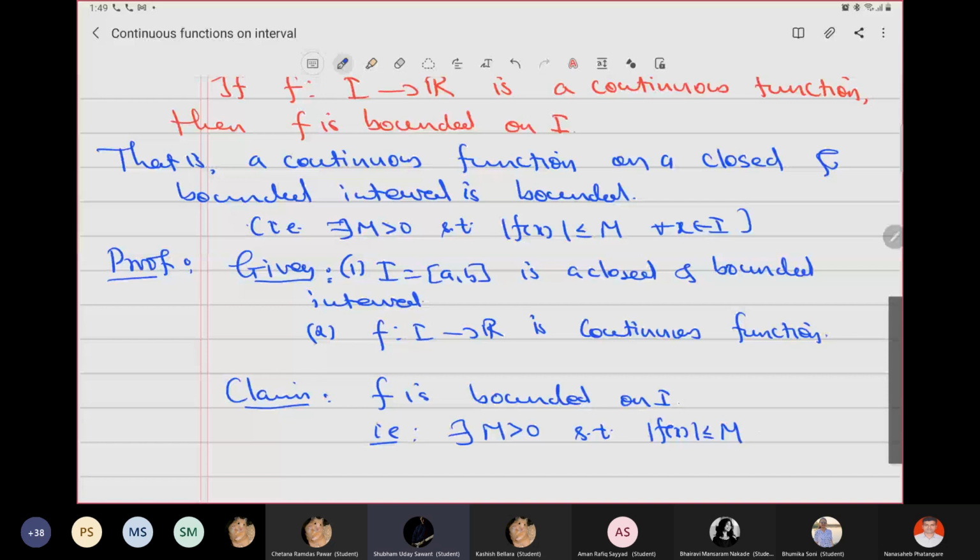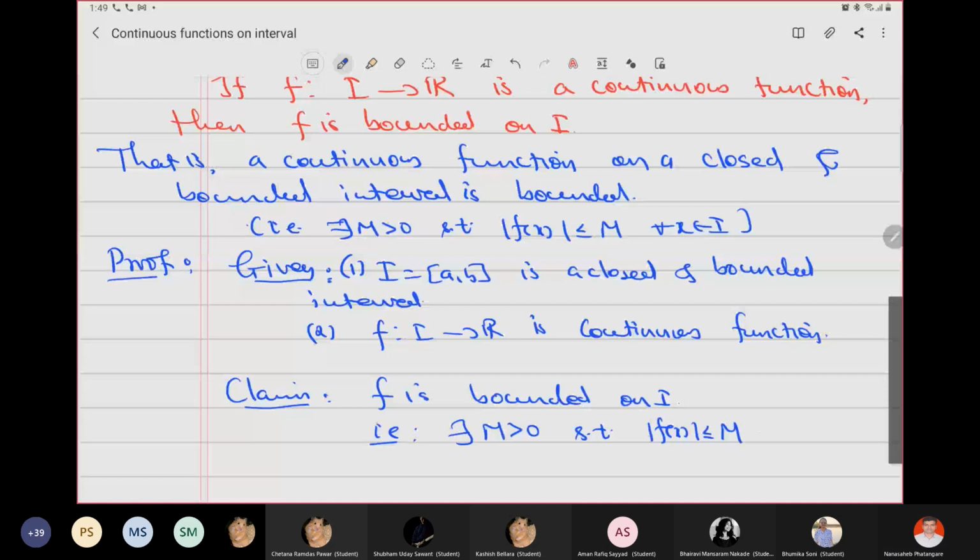So how to prove that there is some M? Right now, remember that what is our target? What is our final aim? What is our ultimate aim? Ultimately, there is some aim that we want to prove.